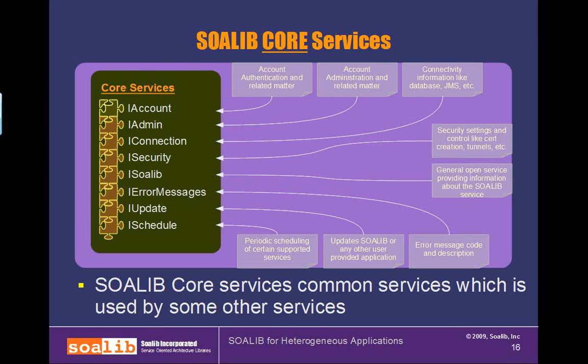Now what is iAccount? iAccount provides you the authentication related services, and iAdmin gives you the administrative related API for web services. And iConnection provides you the connectivity to different tunnels, databases, and so on. Security is for WS security and any kind of security in the web service.